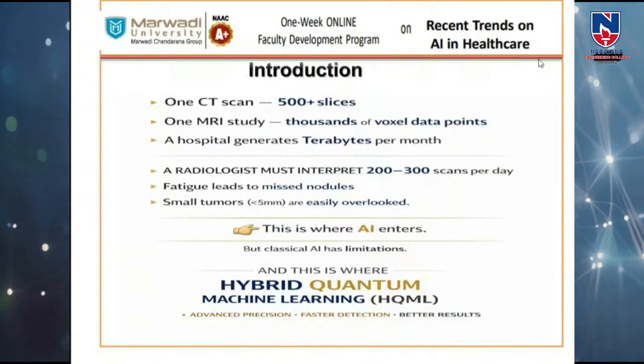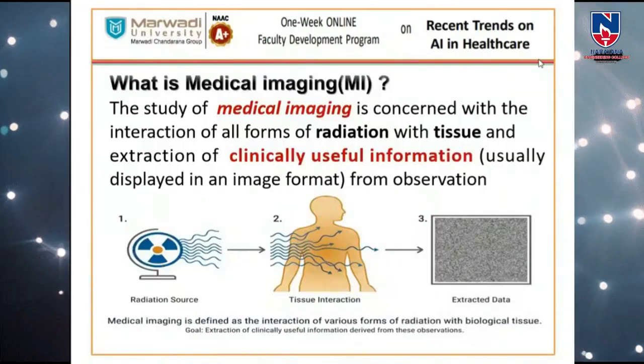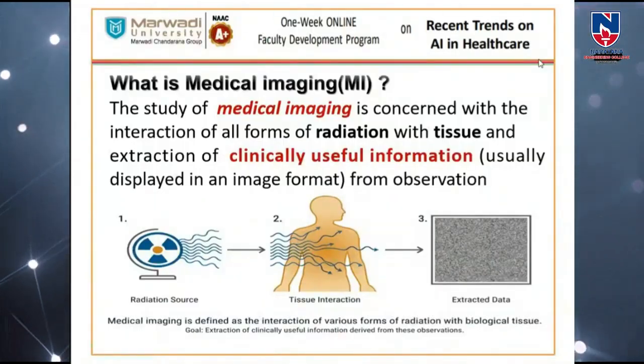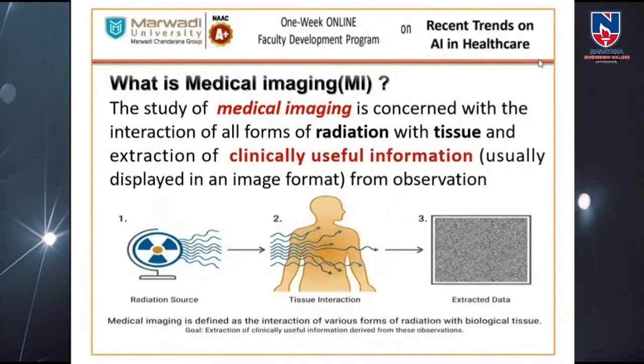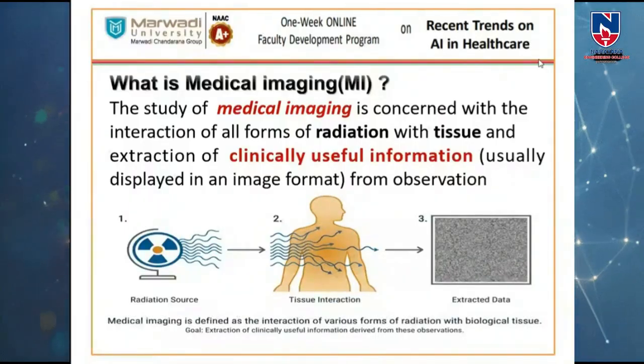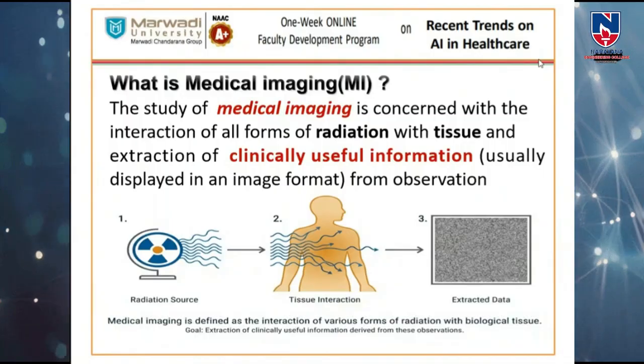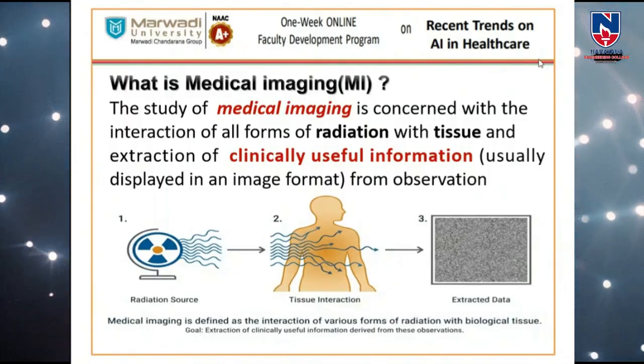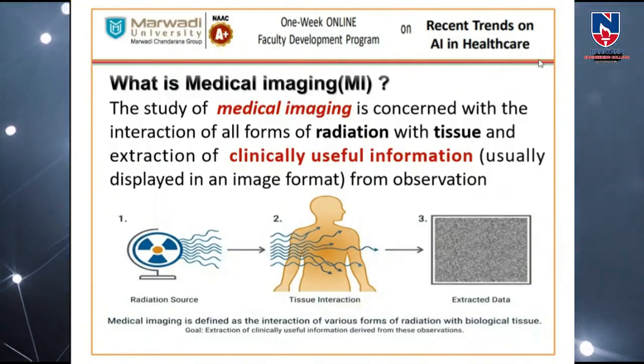As you know, a simple definition of medical imaging is that it is concerned with the interaction of all forms of radiation with tissue and extracting clinically useful information, usually represented in image format. The data is always an image.